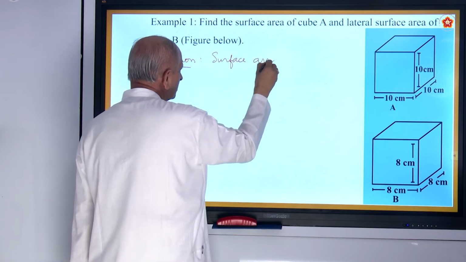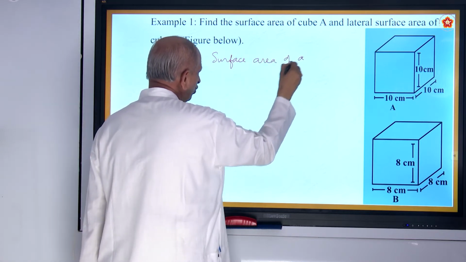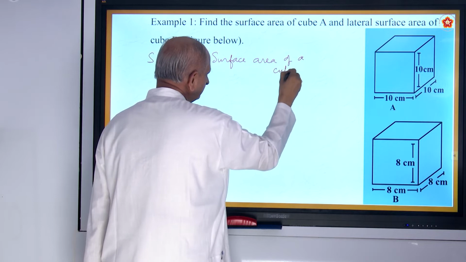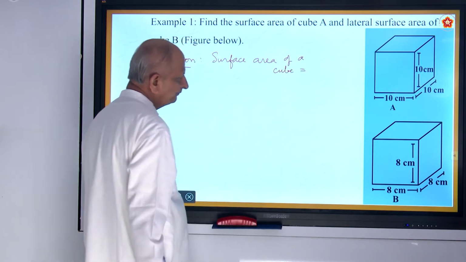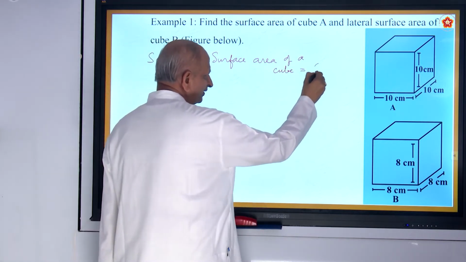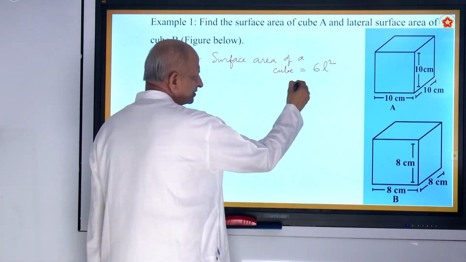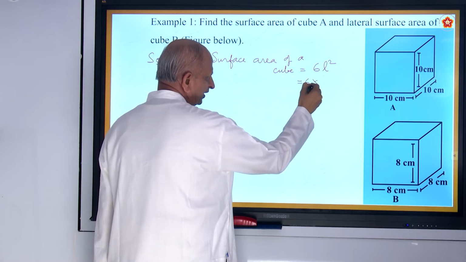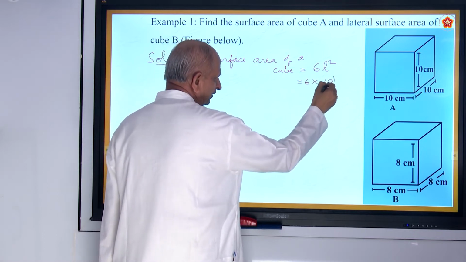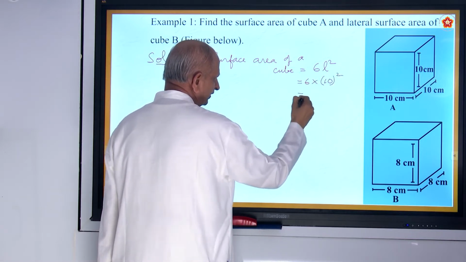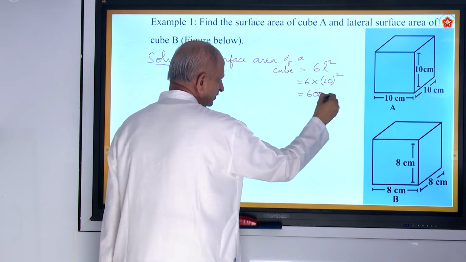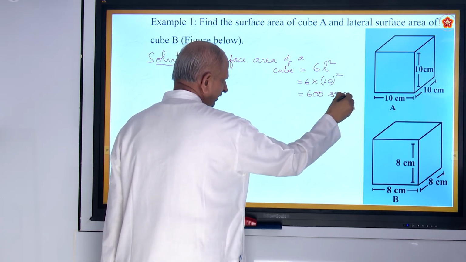Surface area of a cube, the formula, come on, 6L square. So what is L? 6 into L is given to be 10, 10 square. So that is 600 square centimeters.